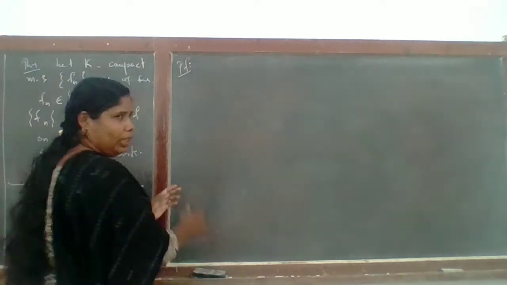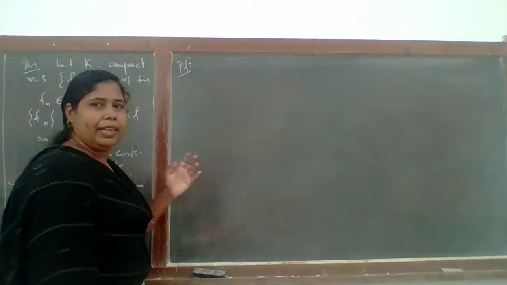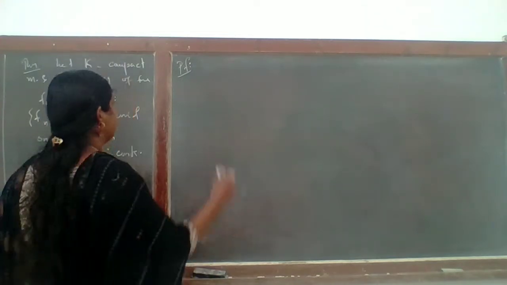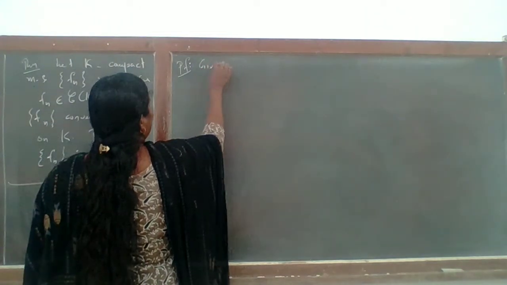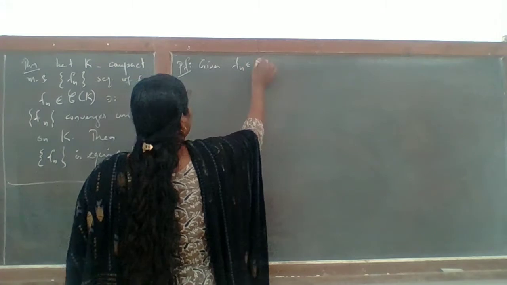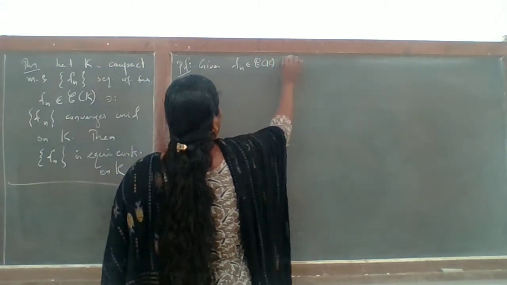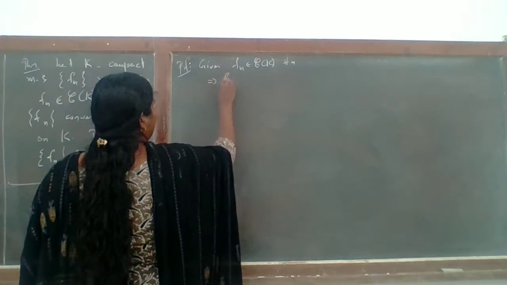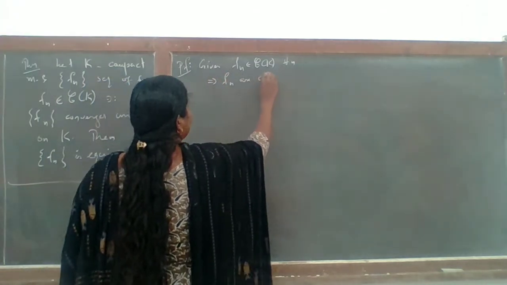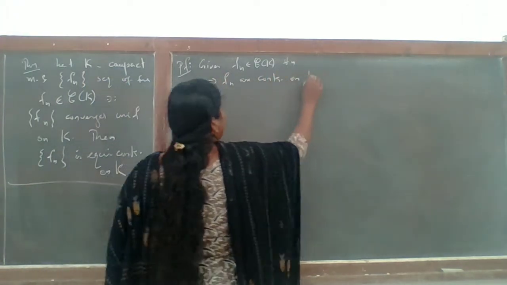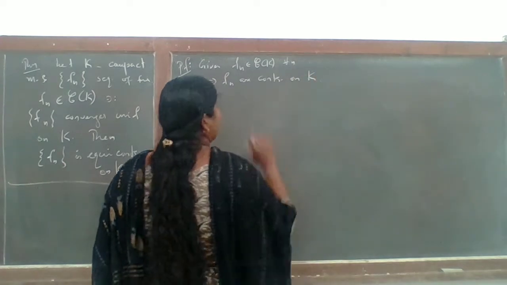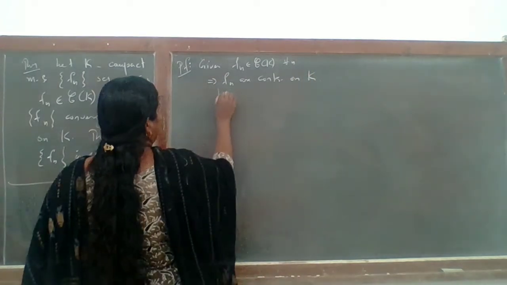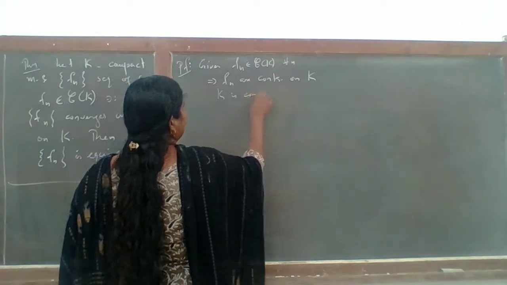So let us analyze what are the given things and what we can take from that given hypothesis. Given Fn belongs to C of K, that means Fn are continuous on K. Now K is a compact set.